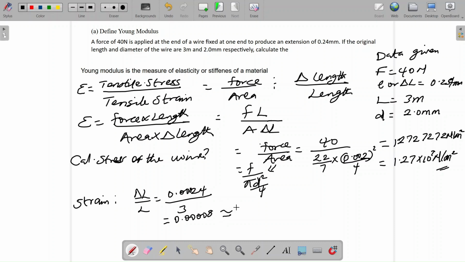In terms of standard form, it will be 0.8 times 10 raised to power minus 5. That's what you're going to have.